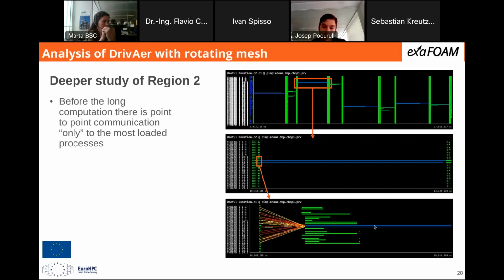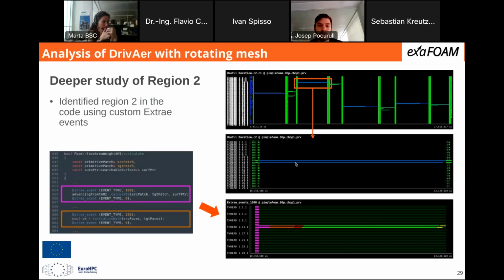Then, with the help of Extrae, we can instrument the code to see where the problematic region or part of the code is. It's as easy as putting some events in the functions to see where the problem is.